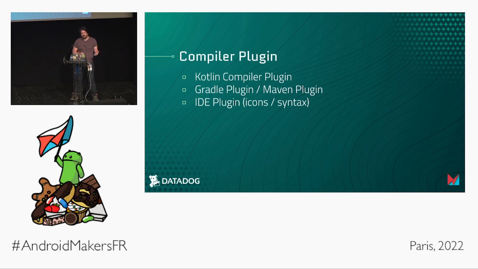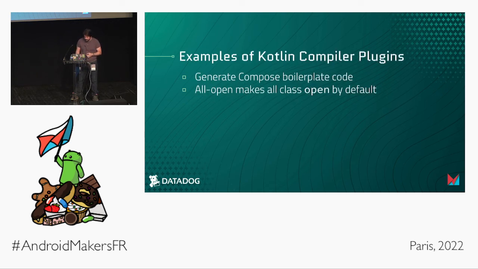So if you've been using Jetpack Compose, or coroutines, you will have seen those little symbols in the IDE that say, oh, by the way, this is a coroutine method, or this is a composable method, so I can have a preview. This is done by a specific plugin.